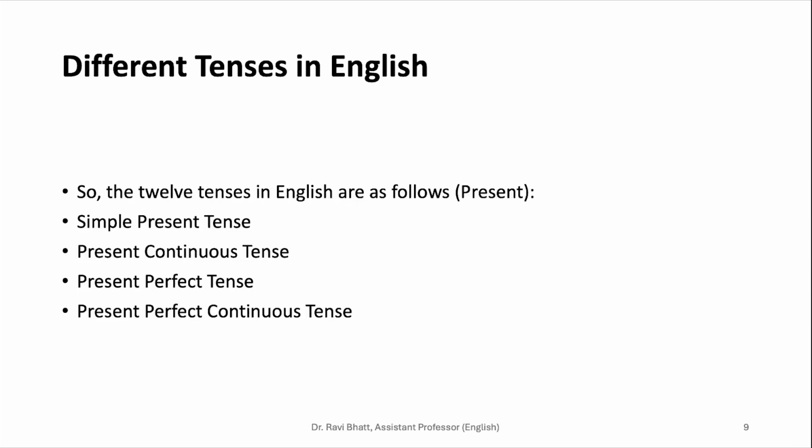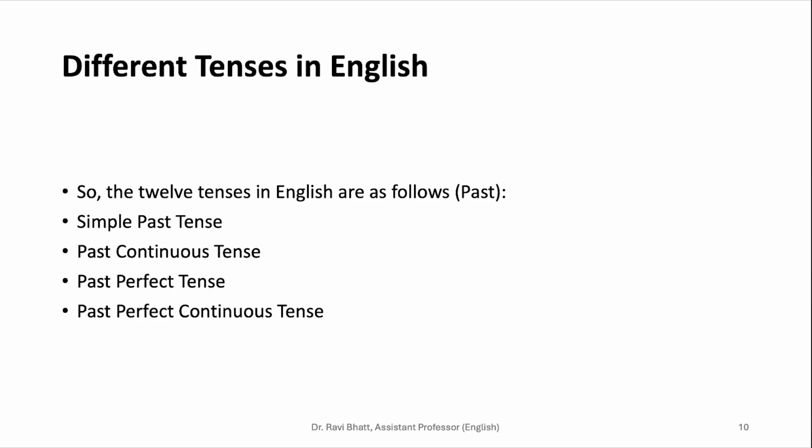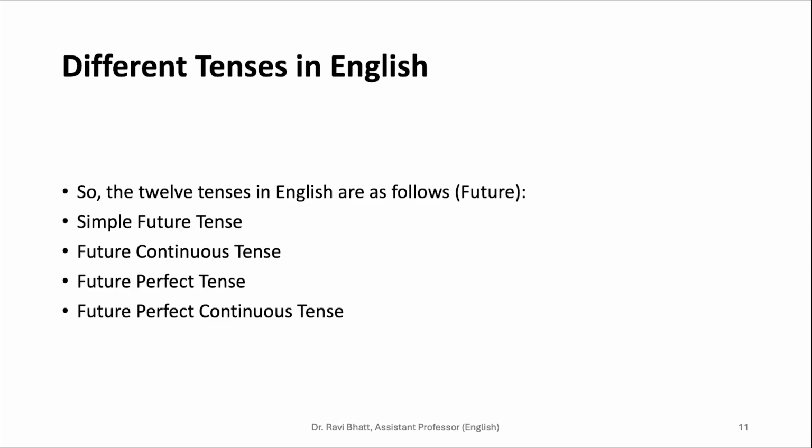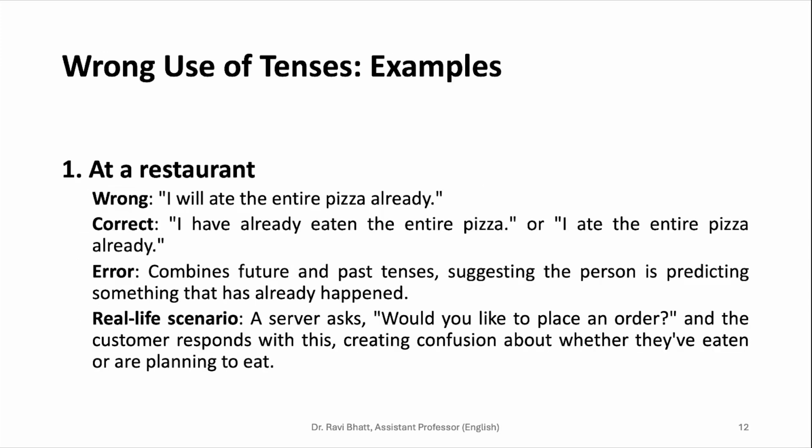Now if we look at those 4 variations in present tense, it would be simple present, present continuous, present perfect, and present perfect continuous. In past, it is simple past, past continuous, past perfect, and past perfect continuous. For future, it would be simple future, future continuous, future perfect, and future perfect continuous. So that makes all the 4 combinations.